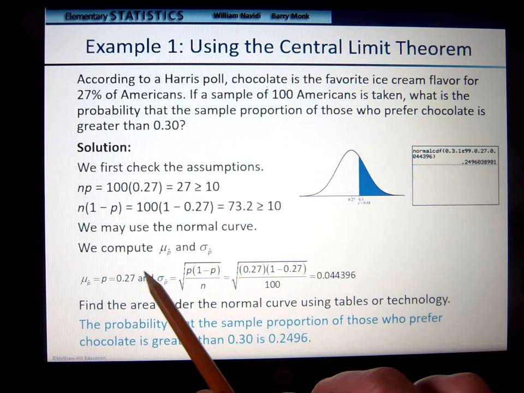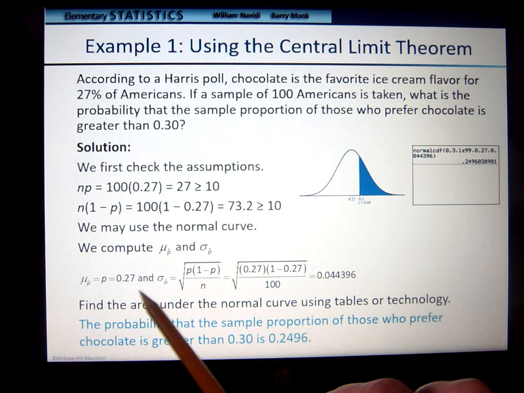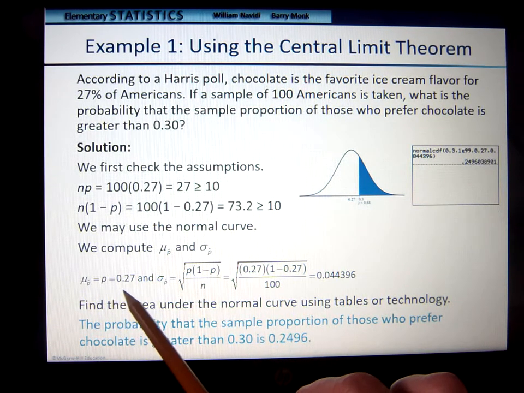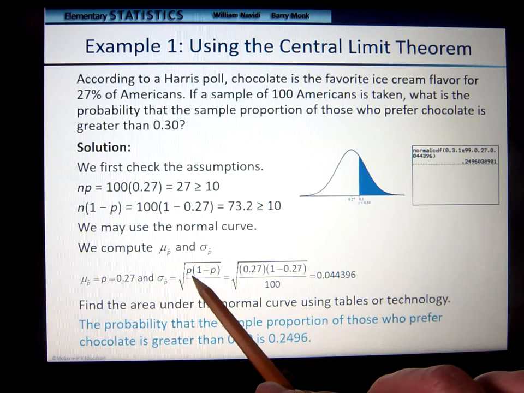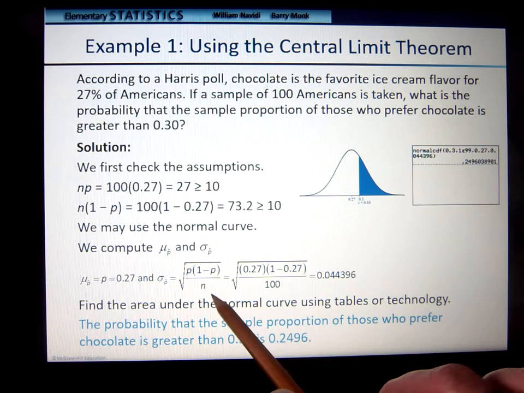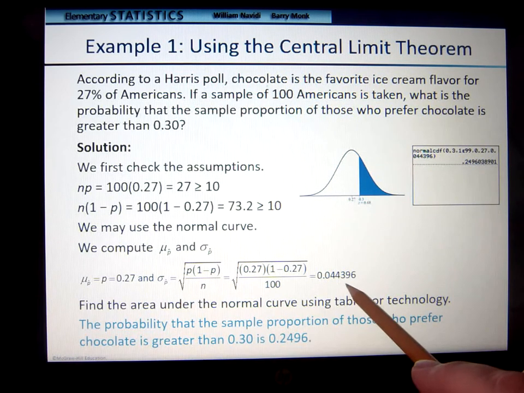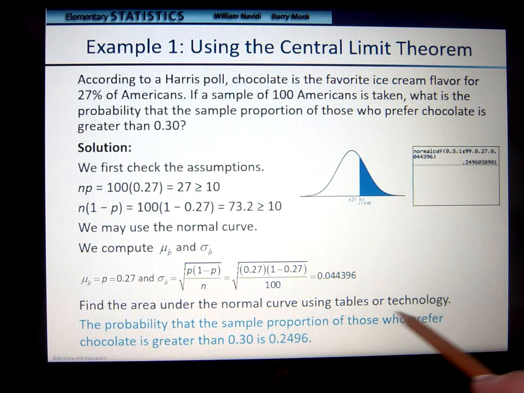So now we compute our mu p hat and our standard deviation of p hat. Our mu p hat we know is the same as p, which is 0.27, so that's done. And our standard deviation of p hat is the square root of p times its complement divided by n. So when we do that, we get 0.044396. So find the area under the normal curve using the tables or technology.